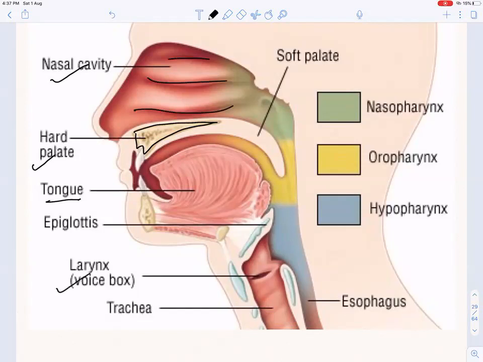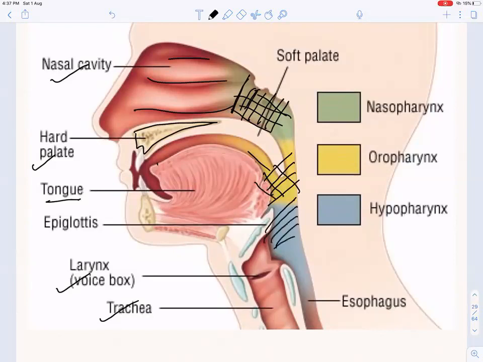This is the larynx, trachea, and now just see the nasopharynx where the internal nares are opening. This is the nasopharynx where the buccal cavity is opening, the oropharynx, and this is the hypopharynx or laryngopharynx, right?